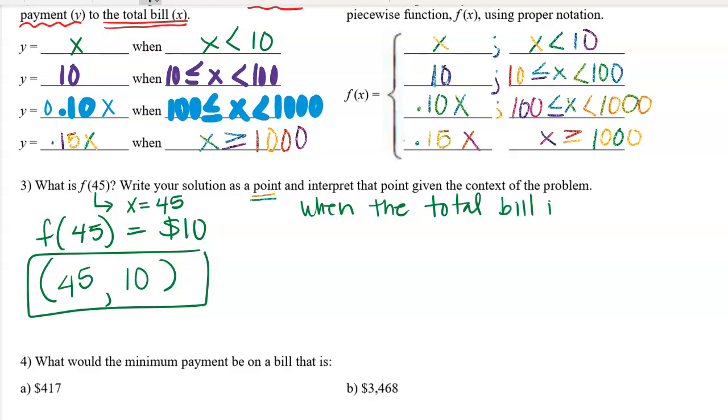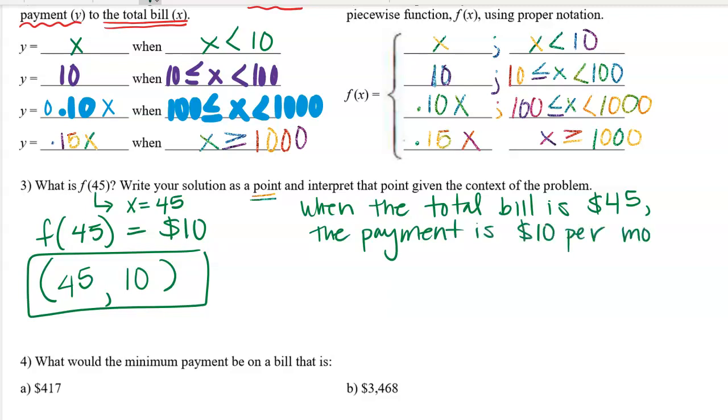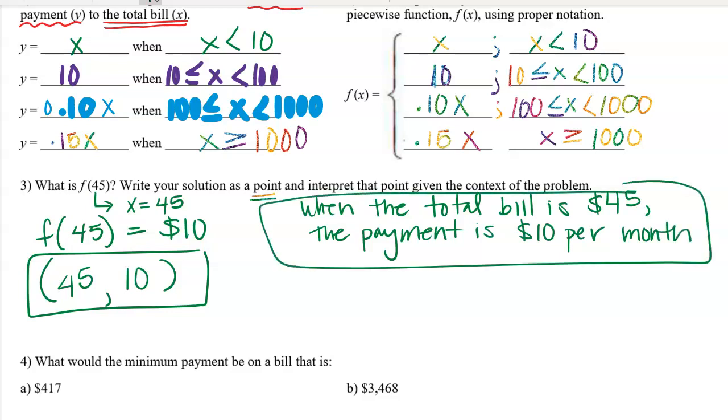When the total bill is $45, you owe, what's your payment? The payment is $10 per month. So super important that we know what the variables represent, okay?